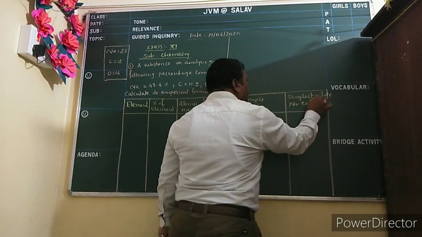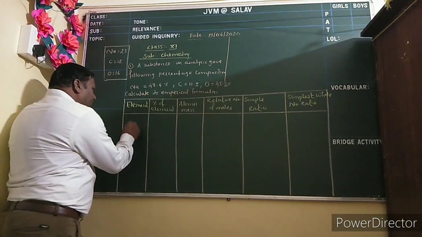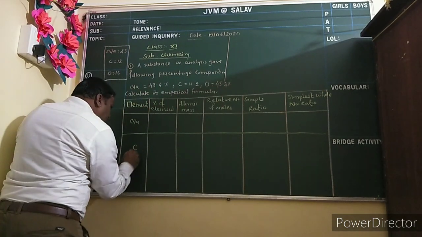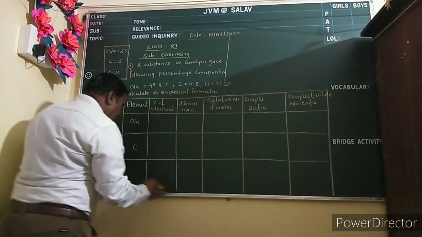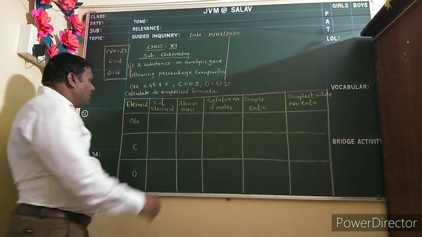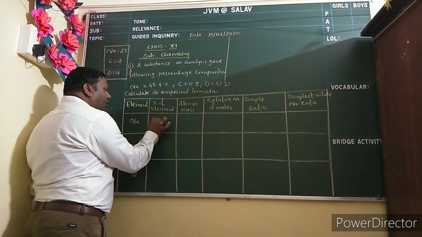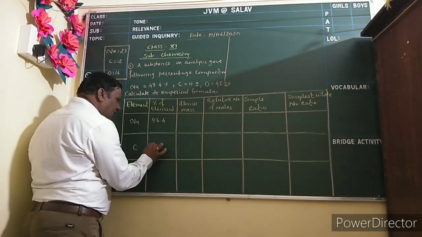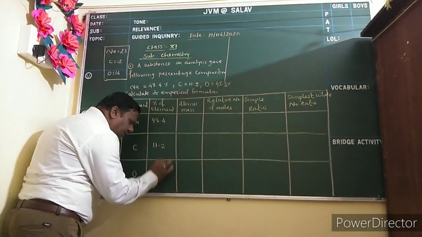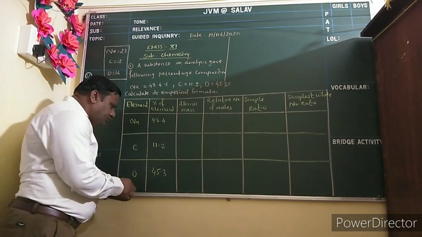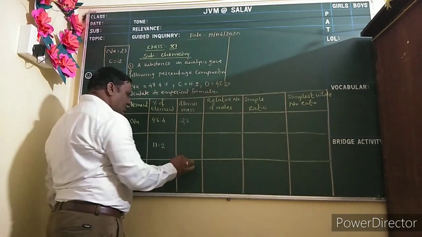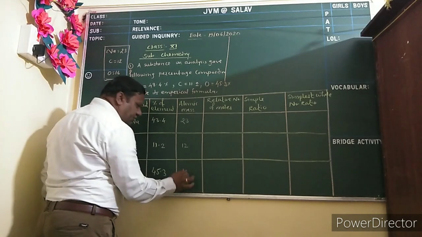So here the elements are sodium, carbon and oxygen. These three elements are there. Percentage of element: here 43.4, carbon 11.2, oxygen 45.3. Then atomic mass: sodium 23, carbon 12, oxygen 16.